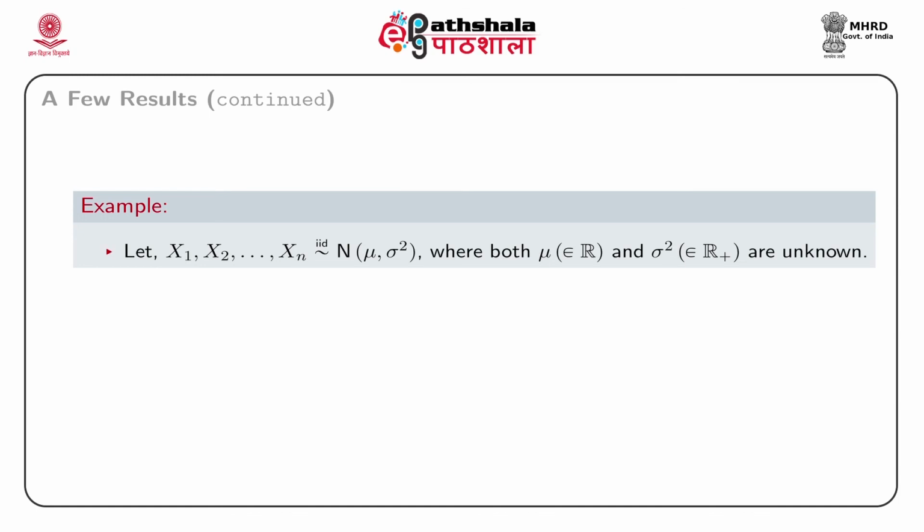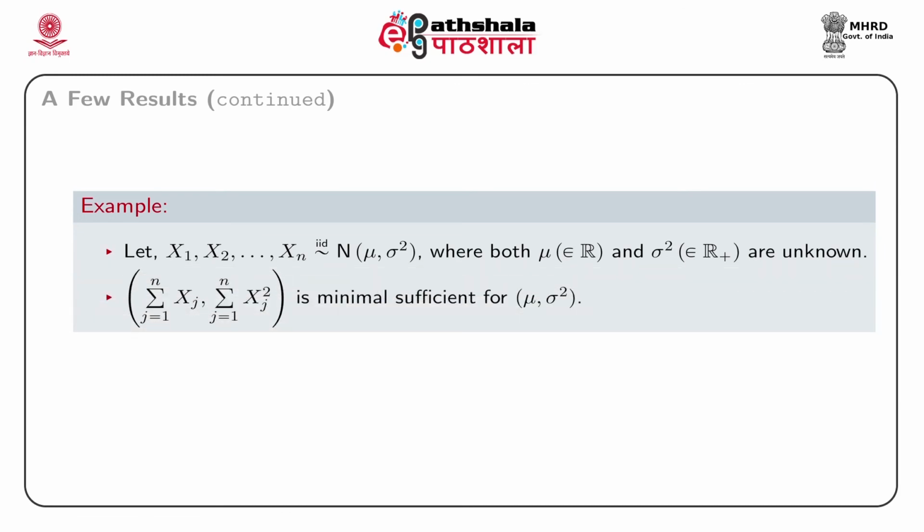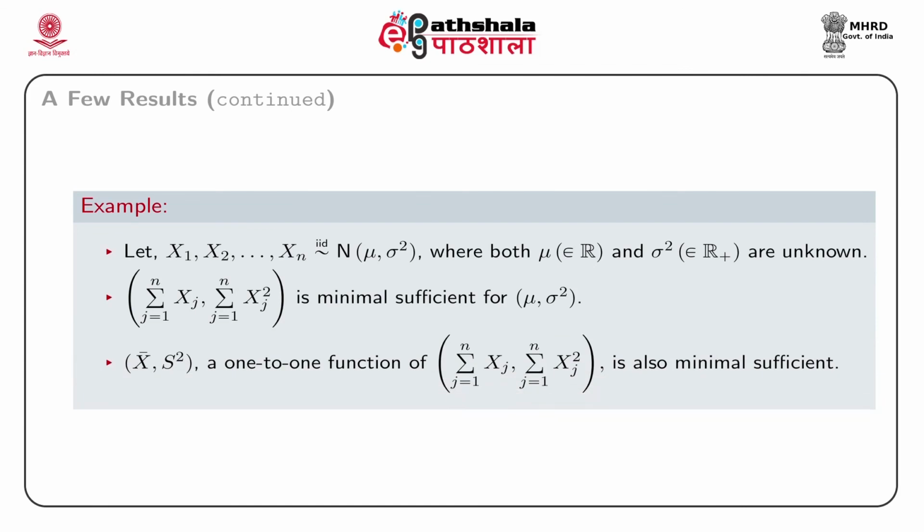Now we know that the statistic T, which equals (ΣXi, ΣXi²), is minimal sufficient for (μ, σ). Now X bar, which is 1/n ΣXi, and S², which is 1/(n−1) Σ(Xi − X bar)², being a one-to-one function of T, we can claim that (X bar, S²) is also minimal sufficient.